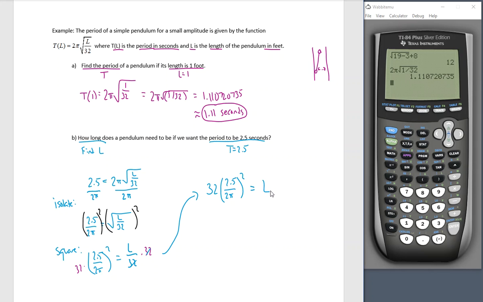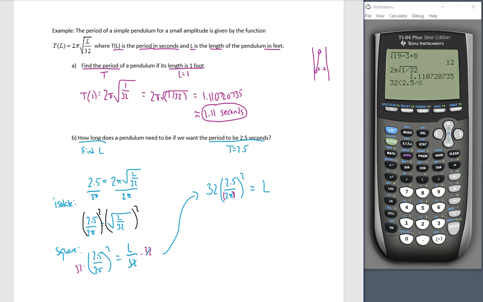Now, if you asked a clockmaker to make a pendulum for your grandfather clock of exactly this length, they would look at you like you were crazy. So let's figure out what that is on the calculator. So 32 parentheses 2.5 divided by, now here's where it gets a little sketchy. This is where you have to be smarter than your calculator.